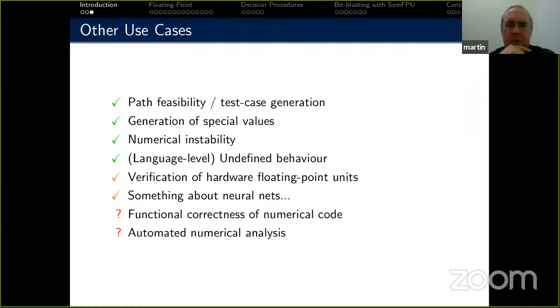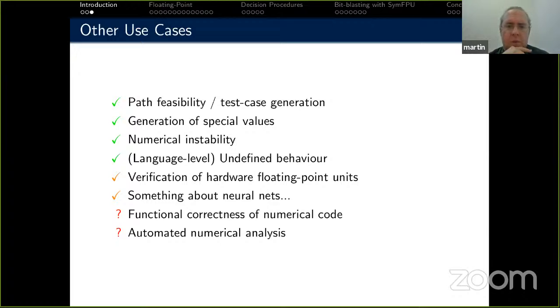So famously, the loss of Ariane 501, one of the first flights of the Ariane 5 rocket fleet, was caused by undefined behavior related to floating point. That was the spark, as it were. But yeah, we could check for that. Things that are borderline, but it's sort of getting there.